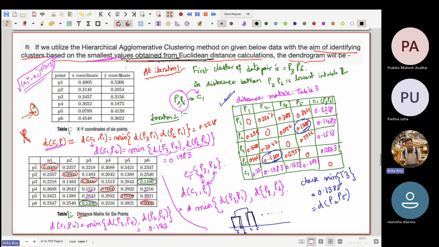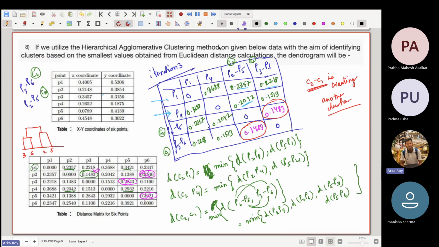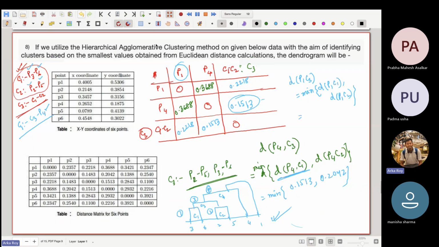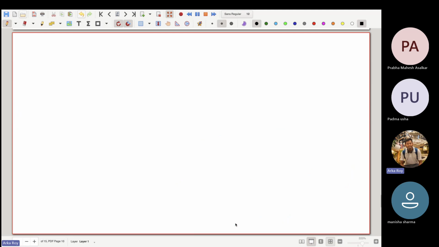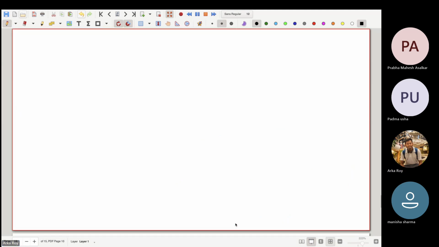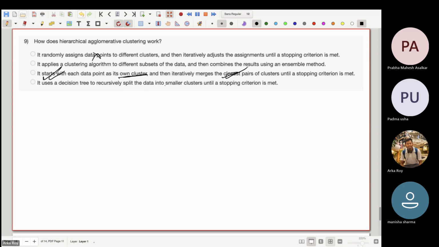And what is the criteria that is given over here? And till what point did we do the same? So this is iteration 4. So we did the same till we reached the last data point. So that is the stopping criteria. So after you cover all the data points, then you can stop the process. So therefore, this is the correct answer.